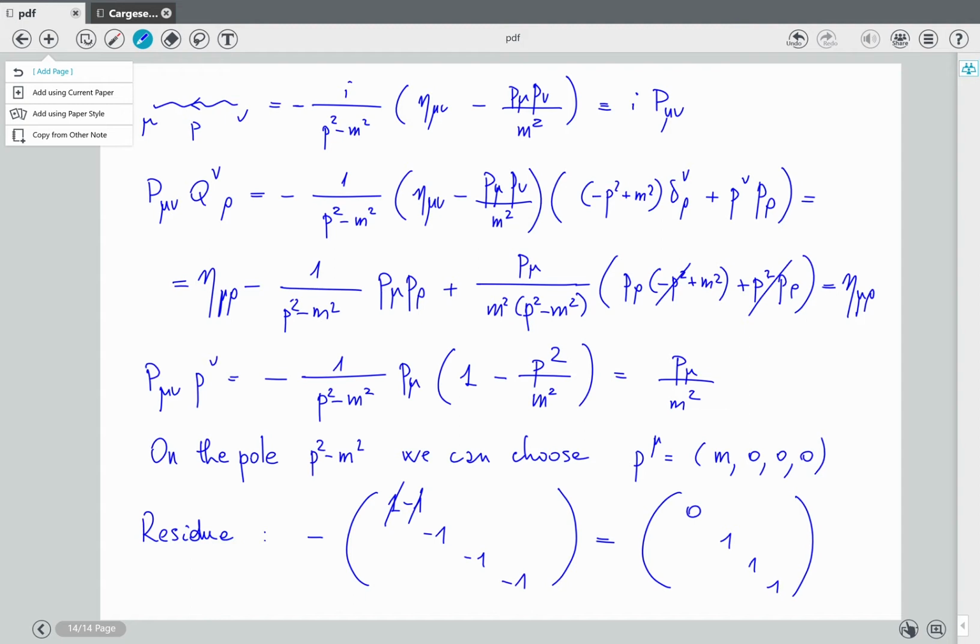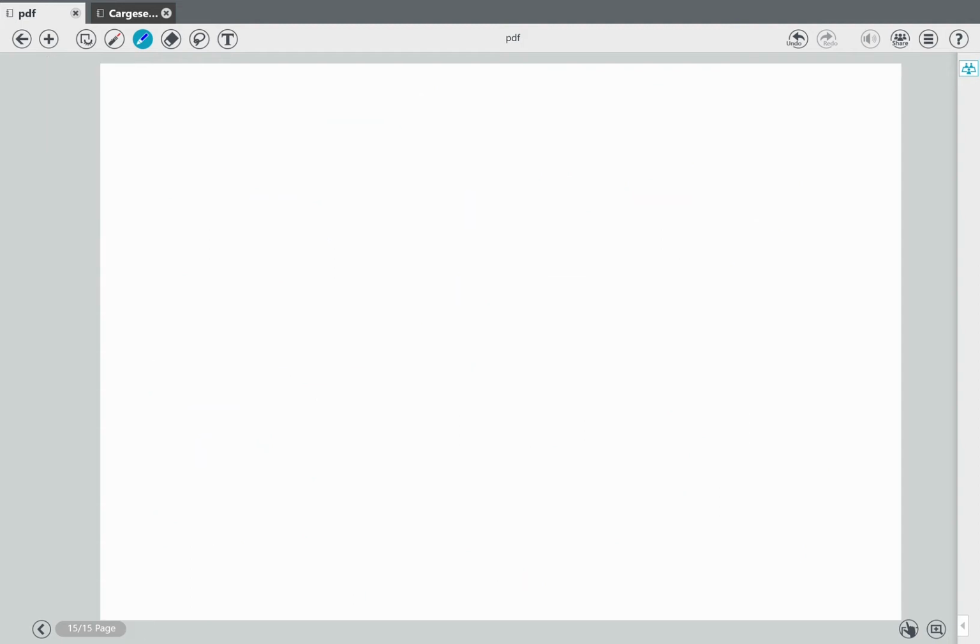Now we move to the Pauli-Fierz fields. Chi mu nu is a symmetric tensor.